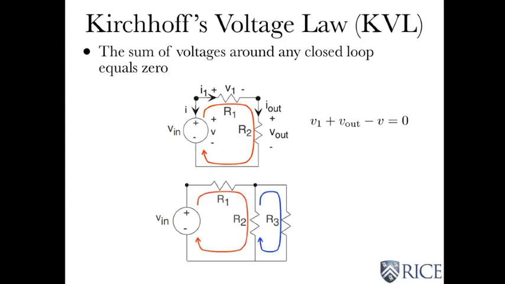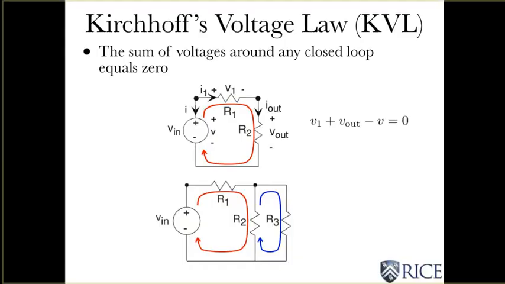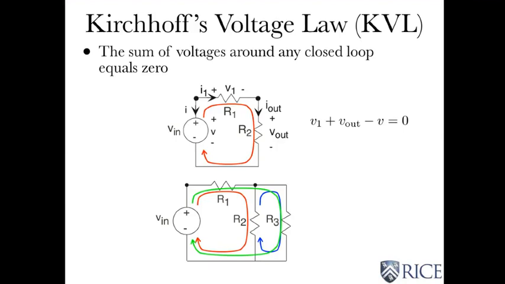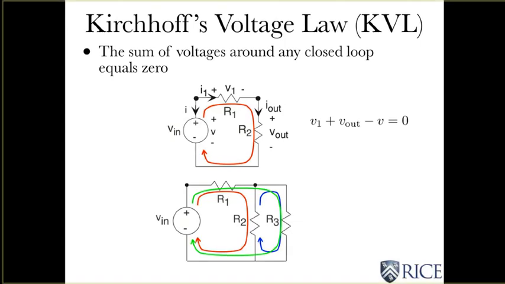Well, I get 1 loop involving the voltage source, R1 and R2, and I get another loop out here that's surrounded by R2 and R3. However, I point out there's another loop, and that is the green loop. That's also there too. Well, it turns out the number of KVL equations you need is determined by how many open areas there are in the circuit.